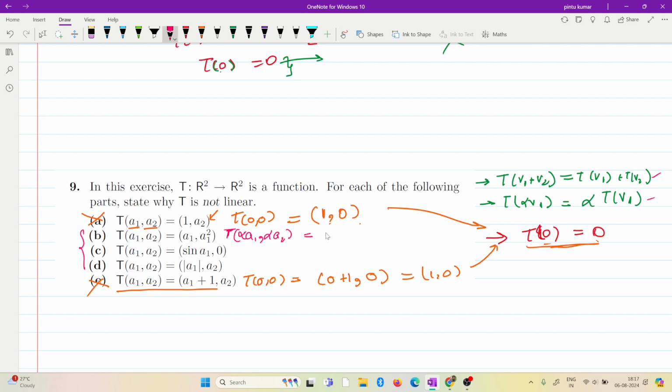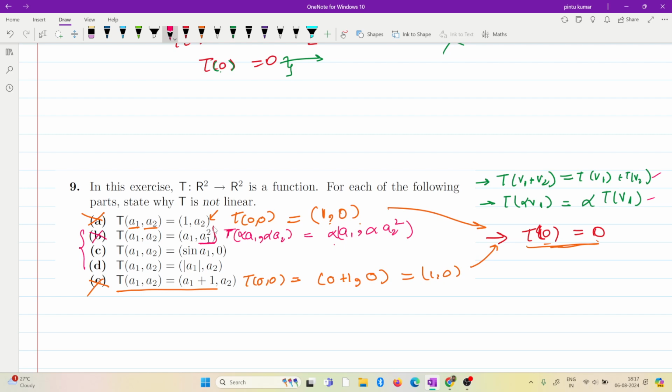This would be alpha a1, but this would be alpha squared a2 squared, right? So you can't take one alpha out. If you take alpha out from here, you will still have one alpha left over here. So it is not equal to alpha times V1. So this is again not a linear transformation.